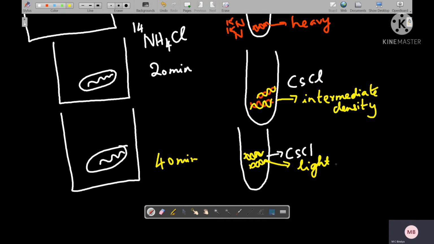So there was a band of DNA of light density. There was also a band of DNA having intermediate density, that is hybrid DNAs. Hybrid or intermediate density.